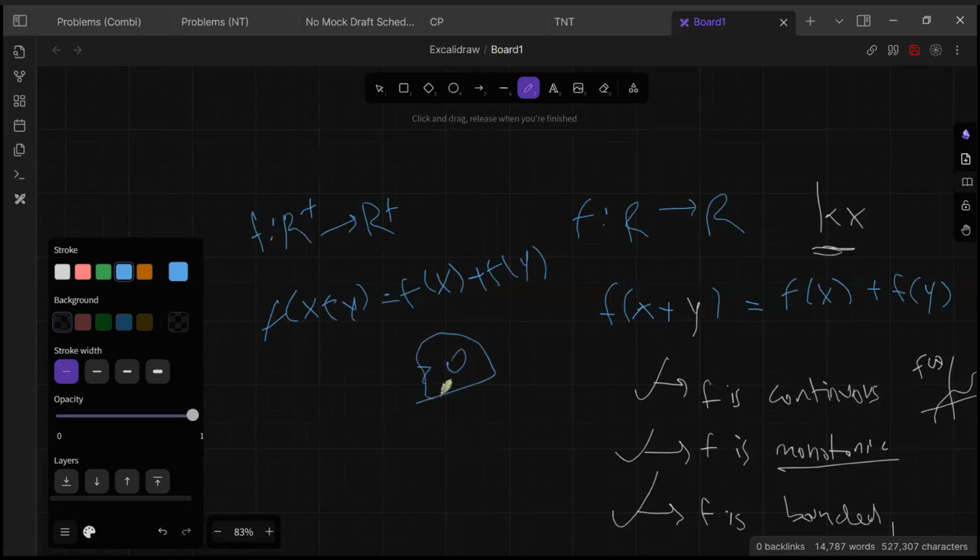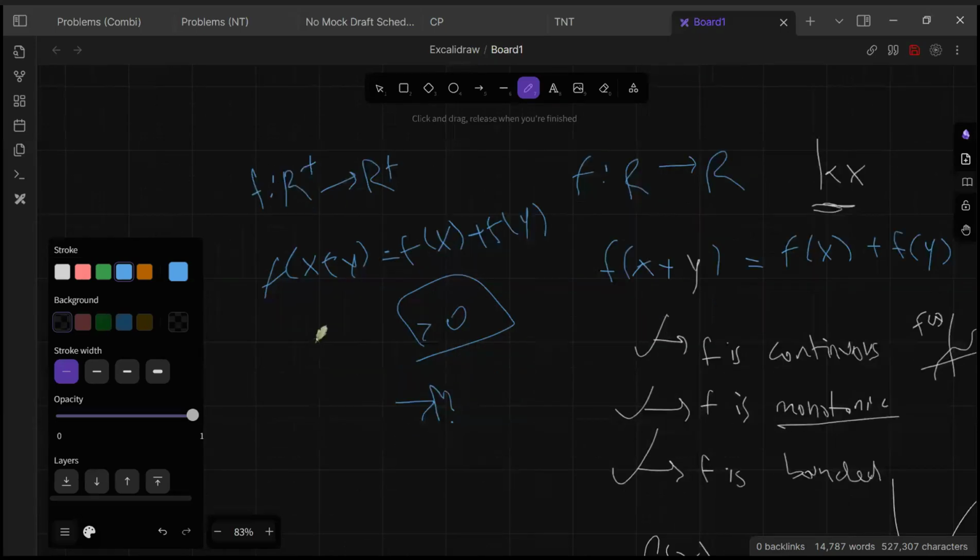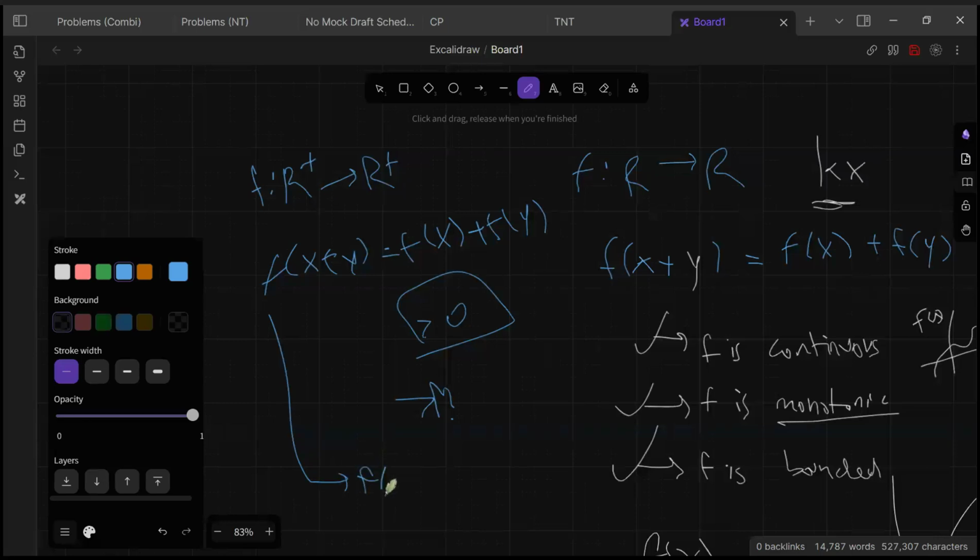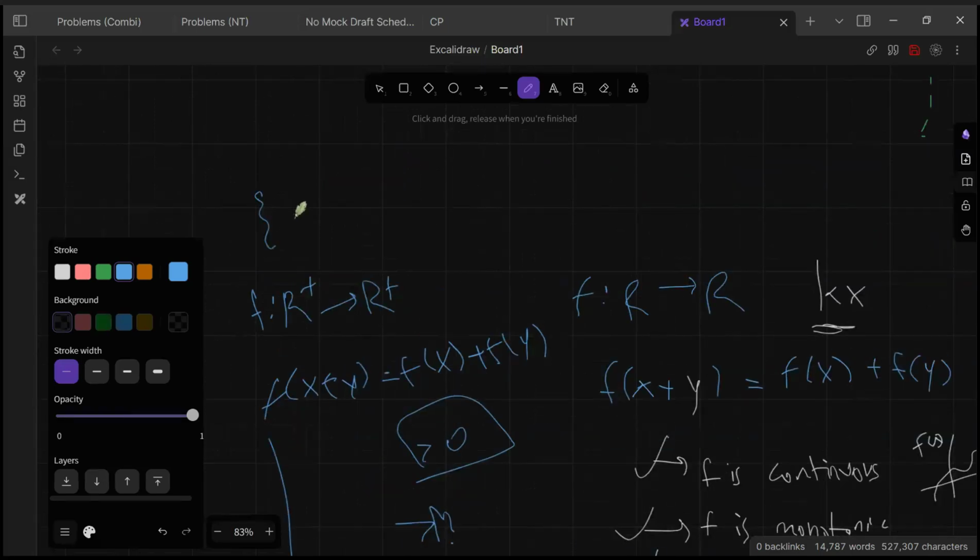This is what I mean by bounded. It's non-trivially bounded for a certain value m, and it's always going to be greater than that value m. So for R+ to R+, I can conclude that f(x) is always going to be kx. Also, by R+, I mean reals that are greater than 0.